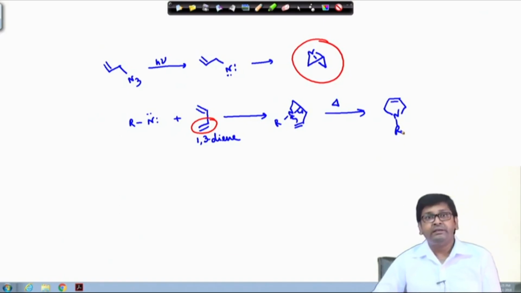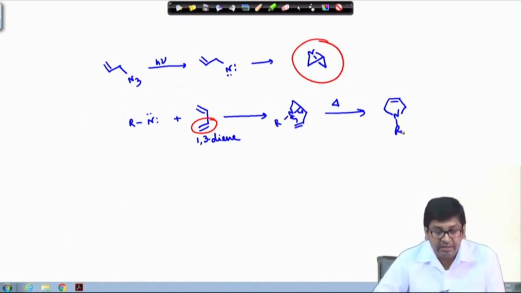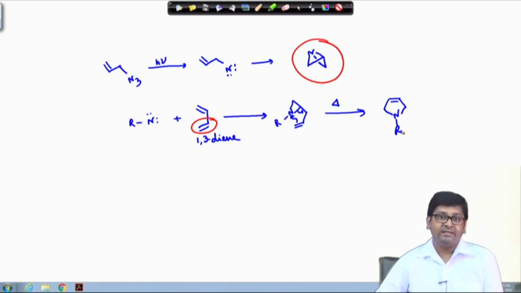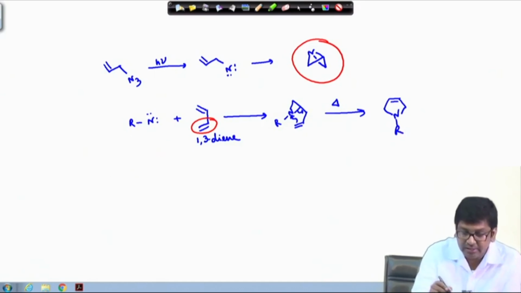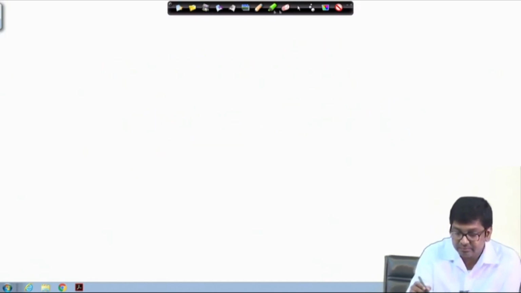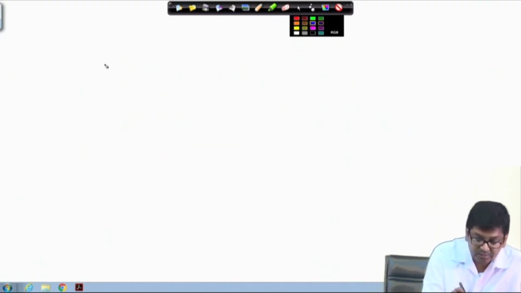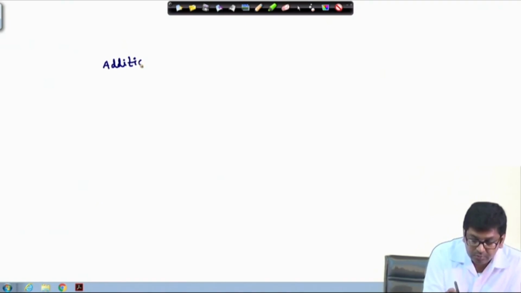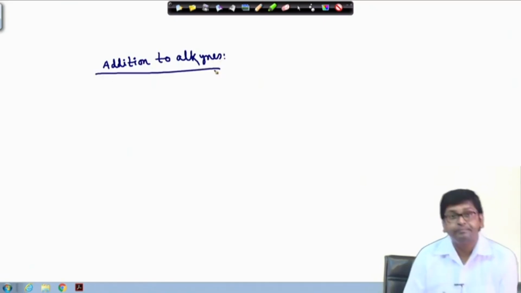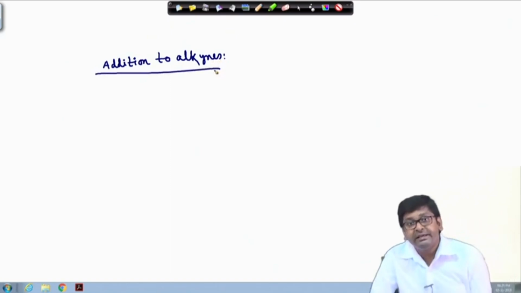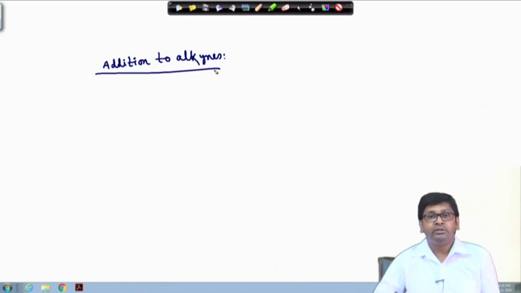Next we will see how these nitrenes react with various alkynes. Okay. So, we will see now addition to alkynes. We have seen in the case of carbenes how they react with alkynes.